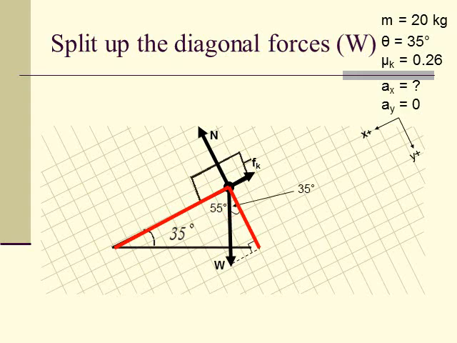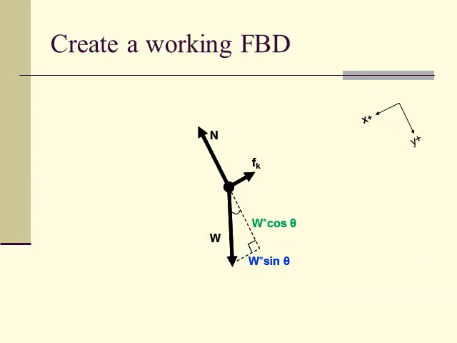So we have identified now which angle in this triangle is the 35-degree angle, and we can now actually split this weight up into its horizontal component this way and its vertical component this way. All right, so I've split it up.